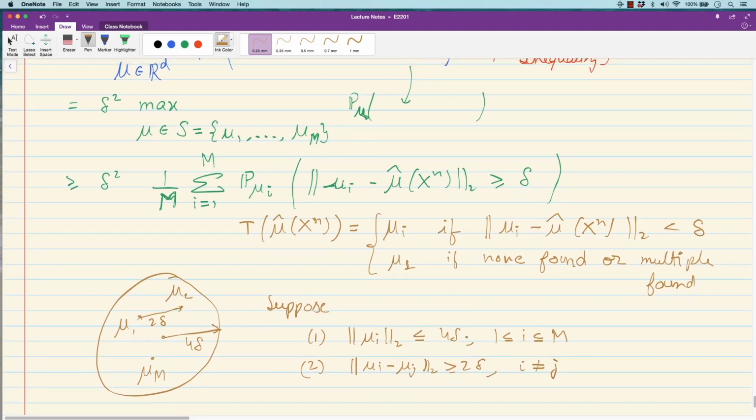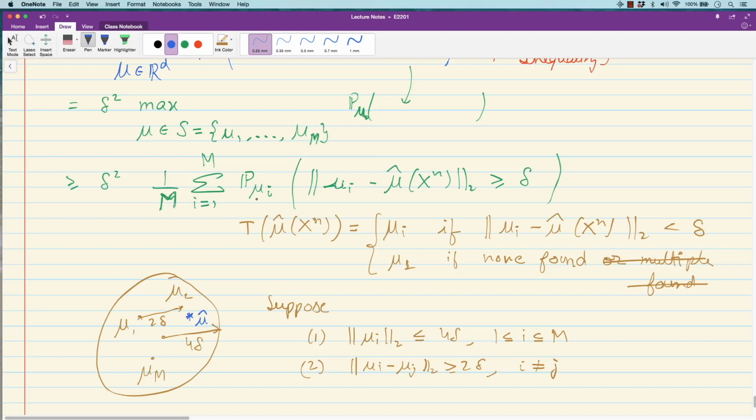Since this is greater than 2 delta, what we can quickly check is that you cannot find two mu i, mu j which are within distance delta of mu hat, because then by triangle inequality the distance between mu i and mu j would become less than 2 delta. So this case will not arise. There will be a unique mu i which is within distance delta of mu hat. So what happens is you draw samples and you find this mu hat, somewhere here.